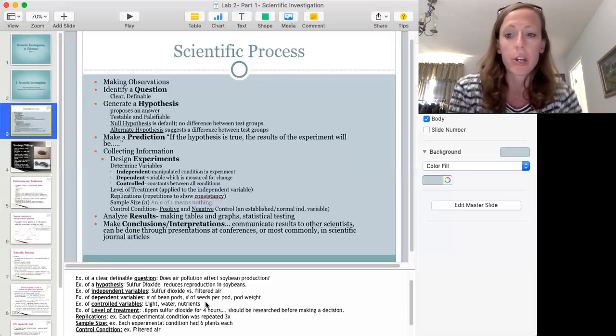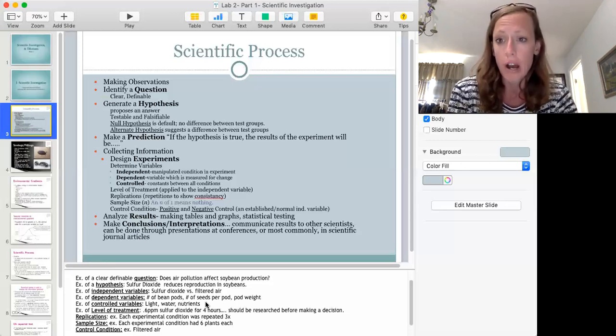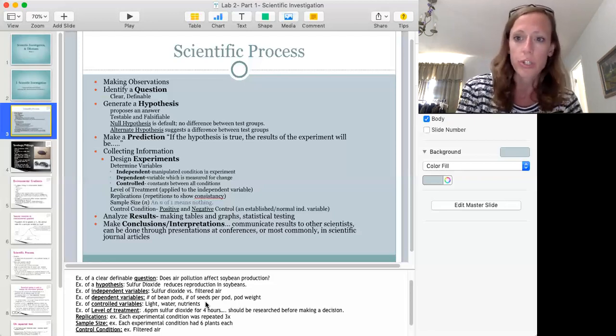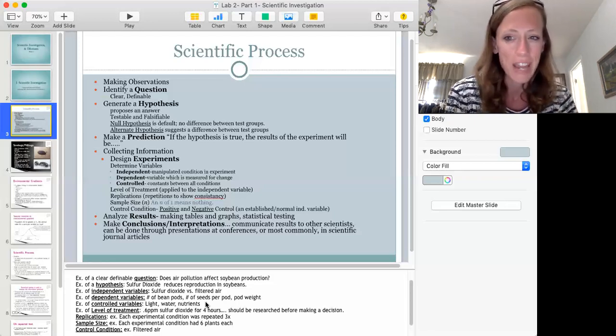So in this example, it could be any number of things, such as the number of bean pods produced by the soybean plant, the number of seeds per pod, or the pod weight, for example. Any of these things could be dependent variables that you as the researcher would then examine to determine the results of your experiment, okay?